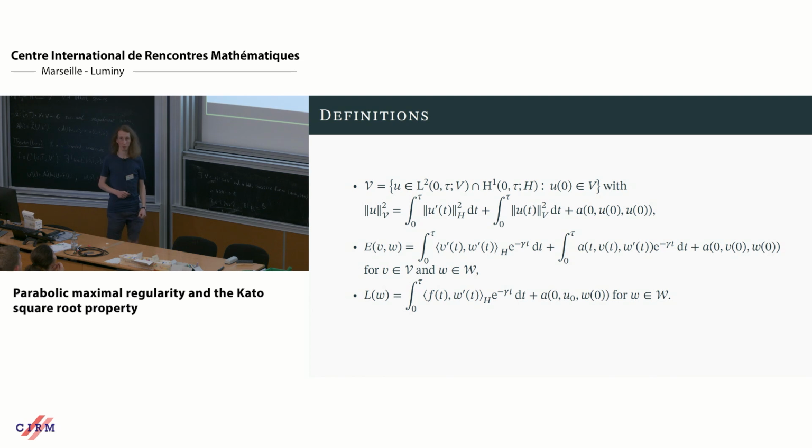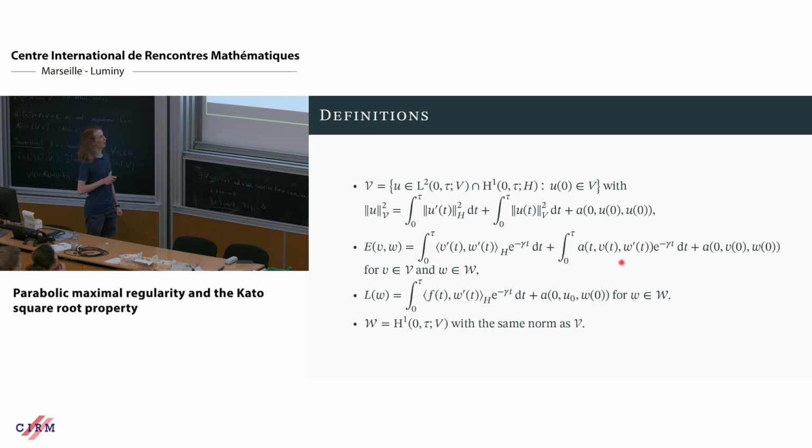For L, we do the same thing. We take the right-hand side of our equation and add our E term and our initial term for the same reasons. So what is W going to look like? What do we need? We need our elements from W to be differentiable, so we need H1.